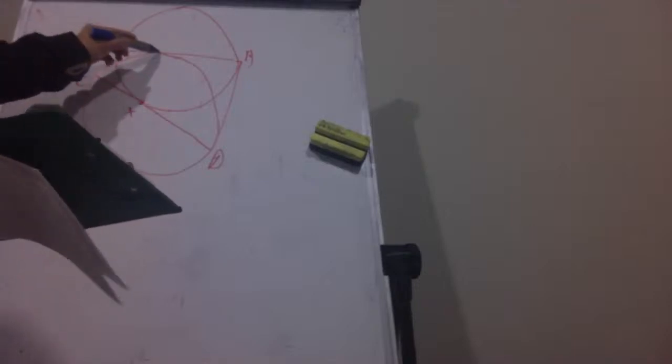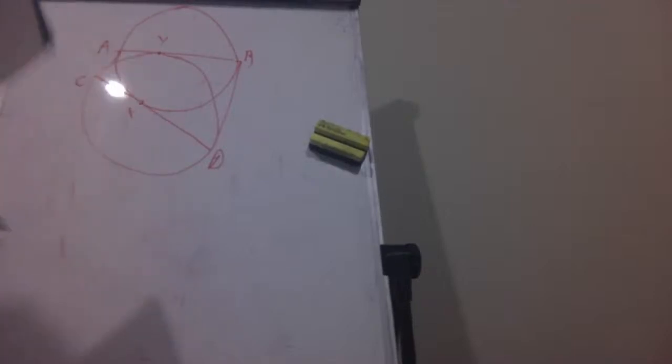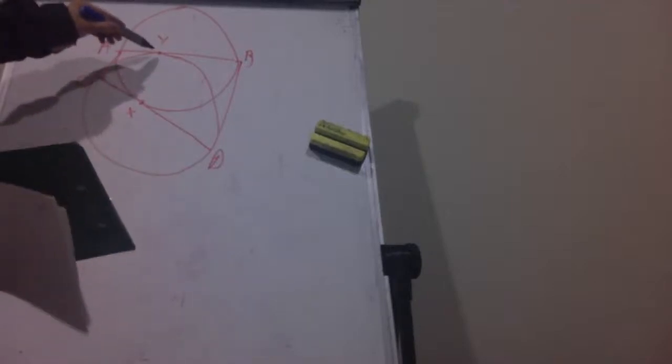So we have 2 circles and 2 diameters. The circle with diameter AB is tangent to CD at X, and the circle with diameter CD is tangent to AB at Y. And it asks you to prove that BDXY is cyclic.